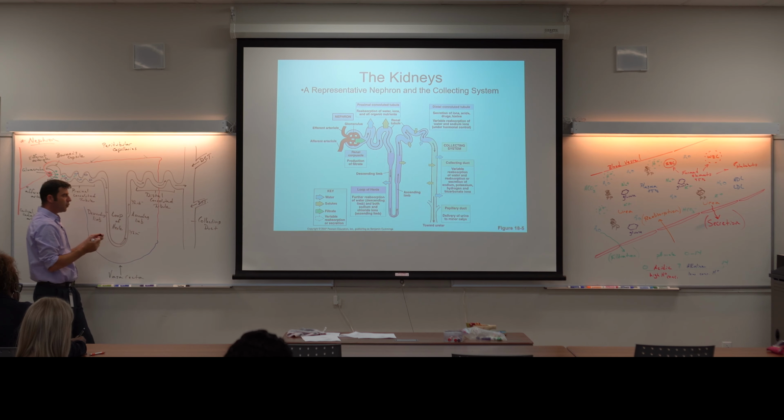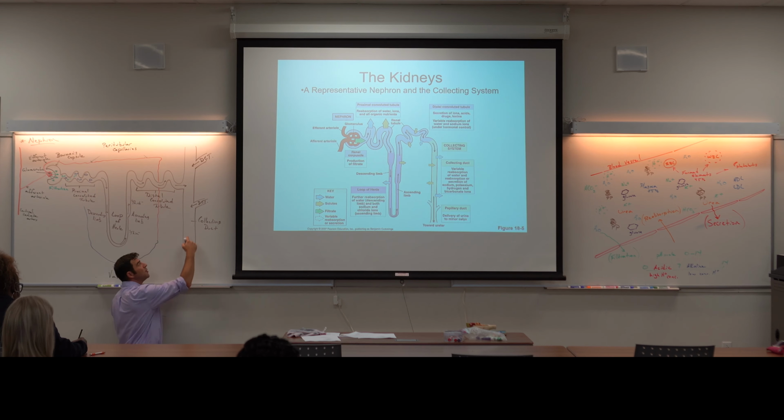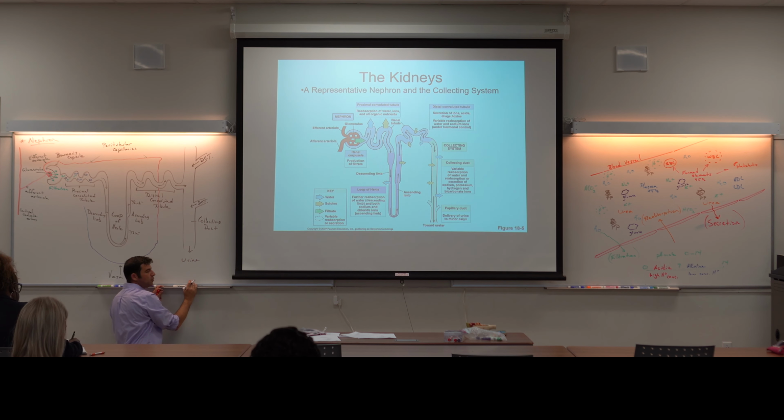So multiple distal convoluted tubules are all sharing one collecting duct. What comes out of the collecting duct is urine. It travels through those calyxes, through the renal pelvis, through the ureters into that urinary bladder.